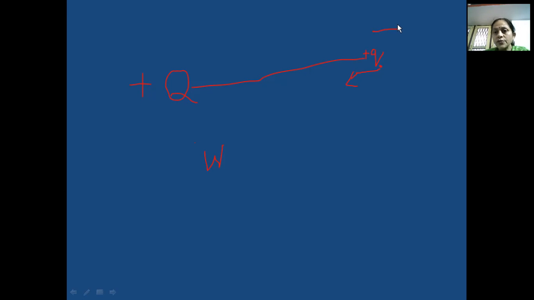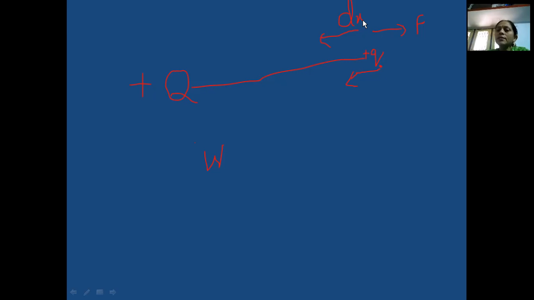See, F represents a repulsive force. This will try to make this small charge move away from the capital Q, but the displacement due to external force is, say, dx.